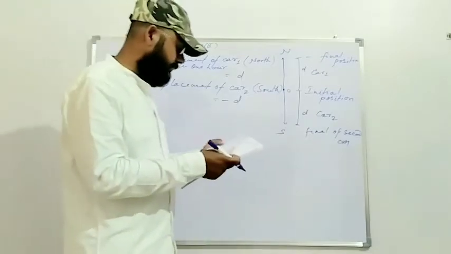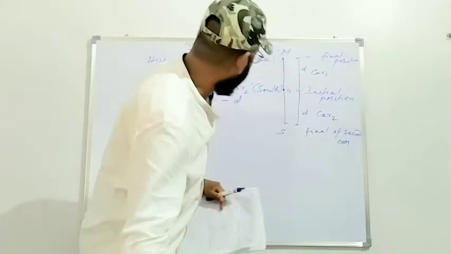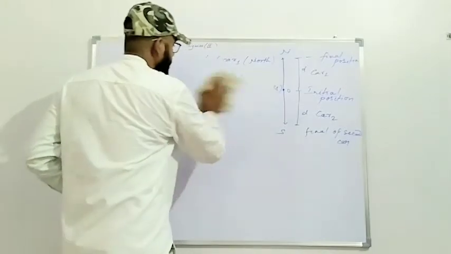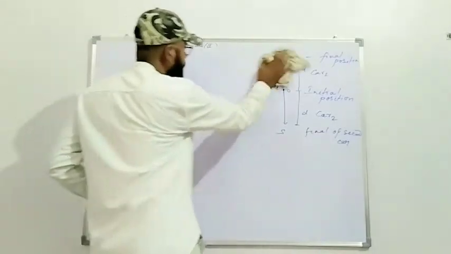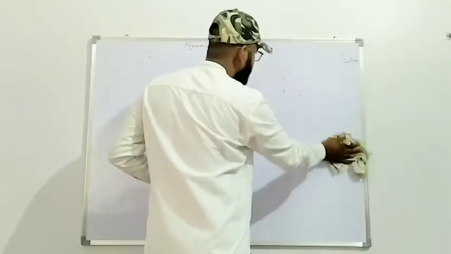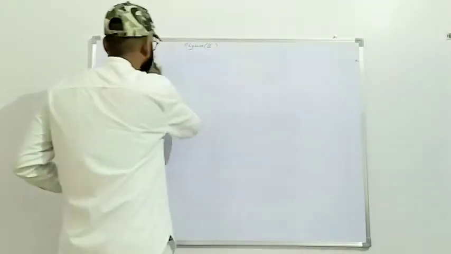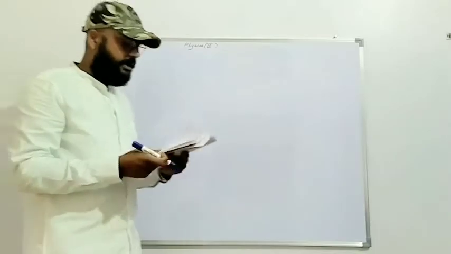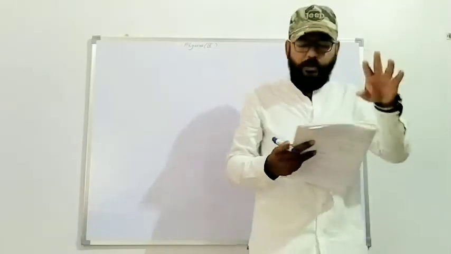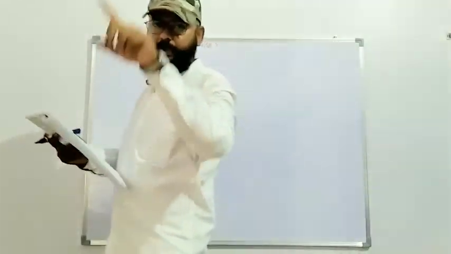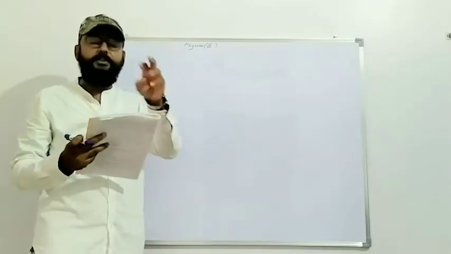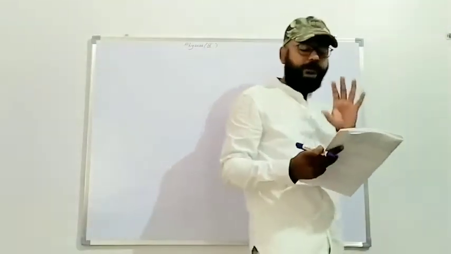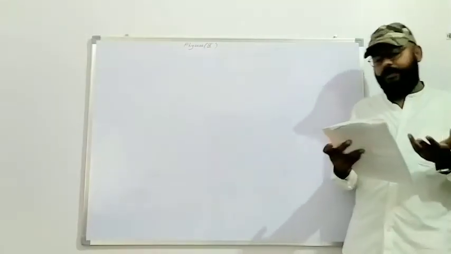This is also a good question. I think some competition book. Devansh Mishra asked me one question, that is a very good question. A car is moving along a circular path with a uniform speed 54 kilometer per hour.